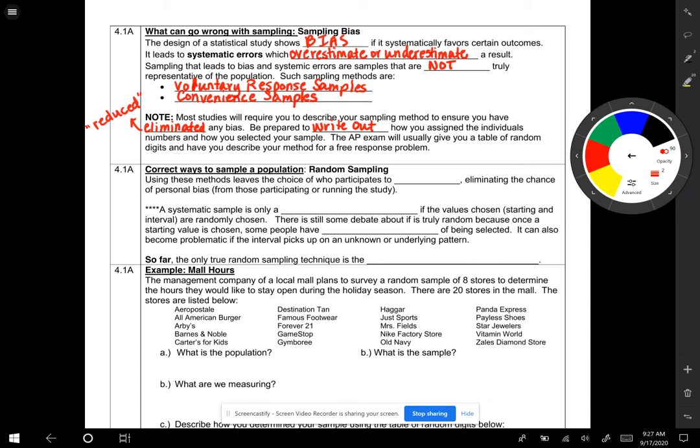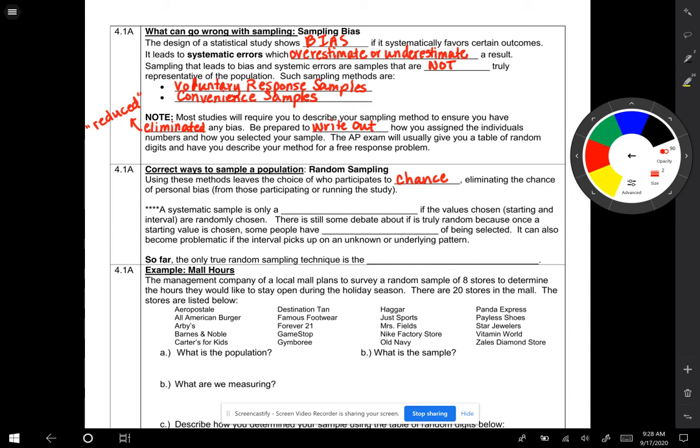The correct ways to sample a population, so random sampling. Using these methods leaves the choice of who participates to chance, thereby eliminating the chance of personal bias from those either participating in the study or those that are conducting the study.